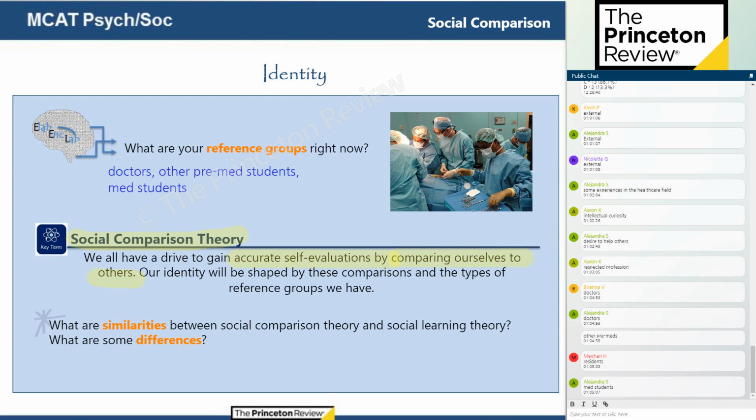Okay, do you see any similarities between social comparison theory and social learning theory?